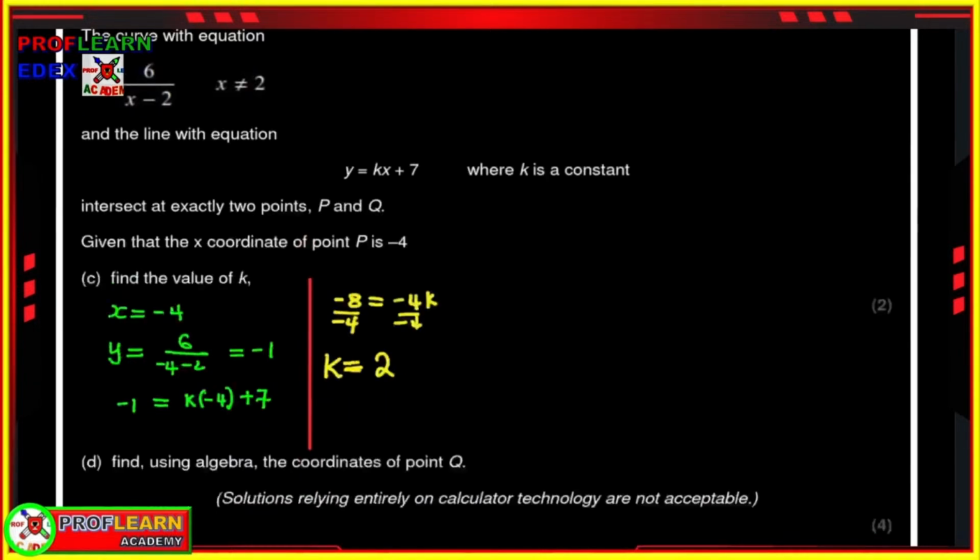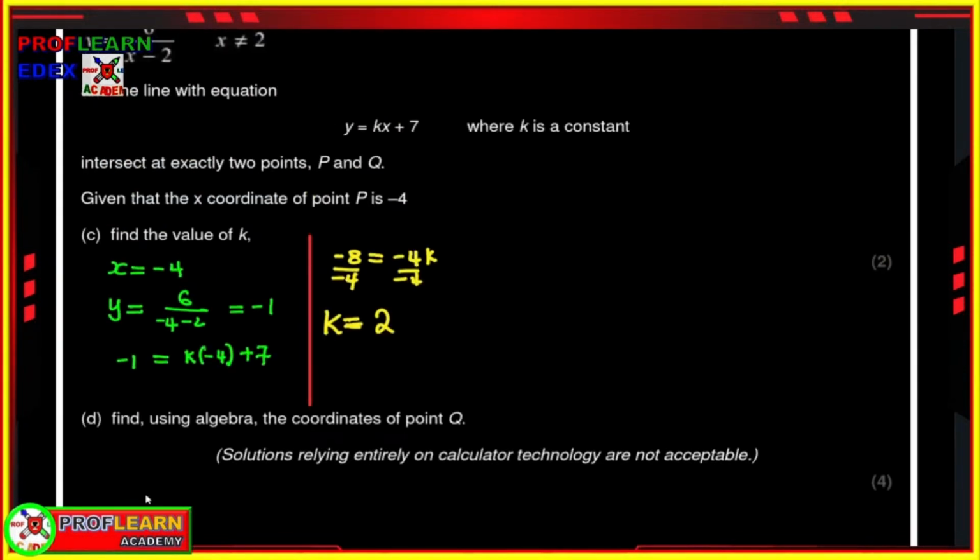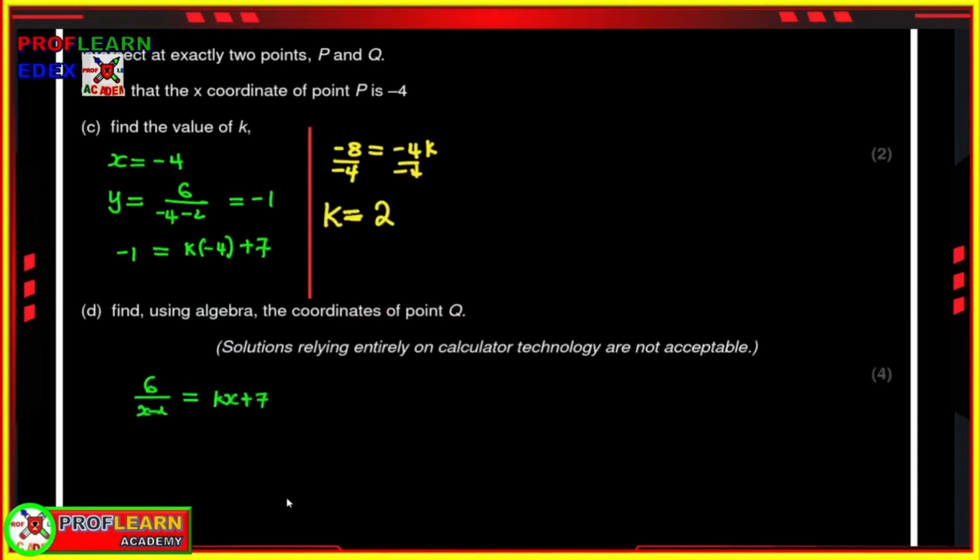So find using algebra the coordinate of Q. So already we have the value of k. We have the x coordinate for P, which is -4. So we need Q. And we also have the equation, meaning that we are going to equate the two equations like this.